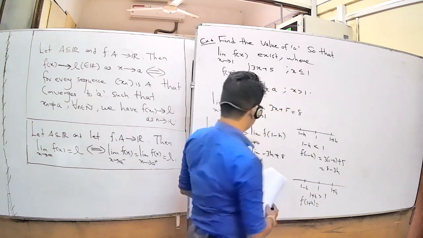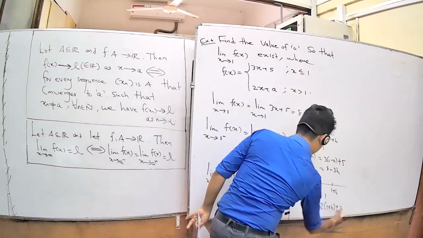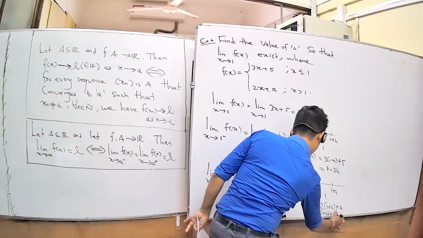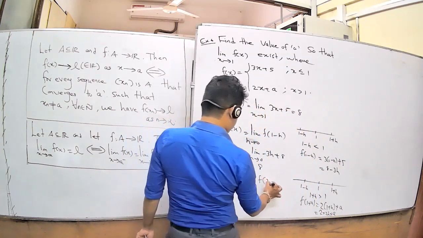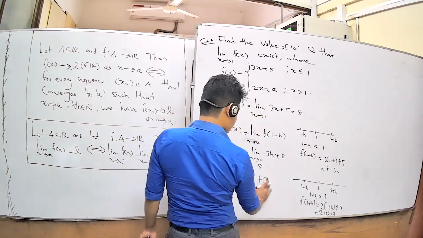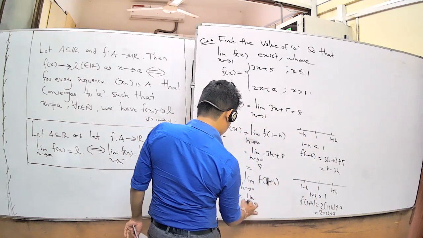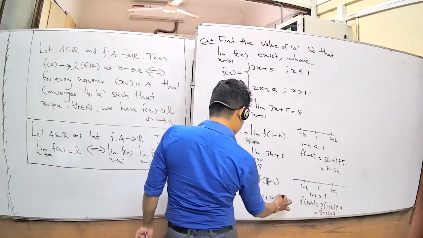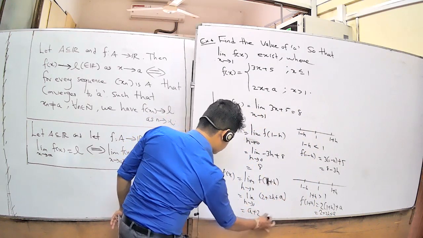Therefore, 2 times 1 plus h plus a. Then you get 2 plus 2h plus a. Now limit as h tends to 0 of 2 plus 2h plus a. Suppose h tends to 0, you have a plus 2.